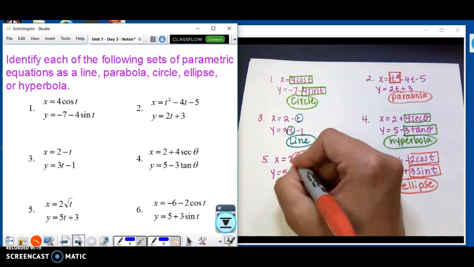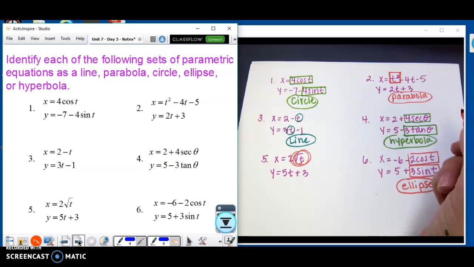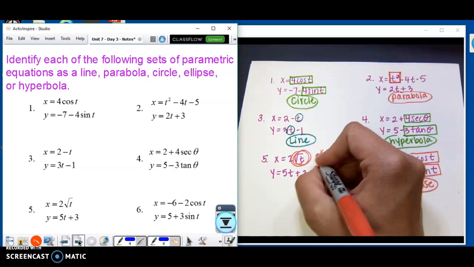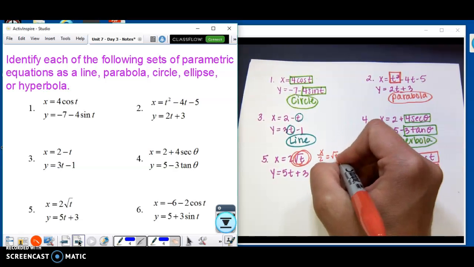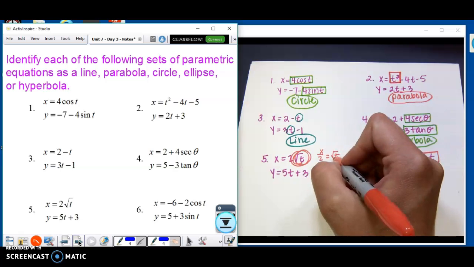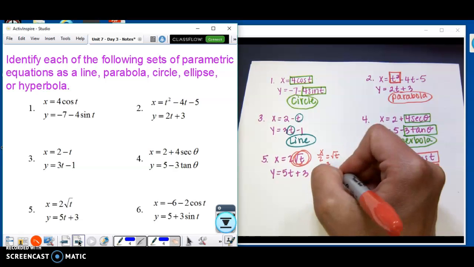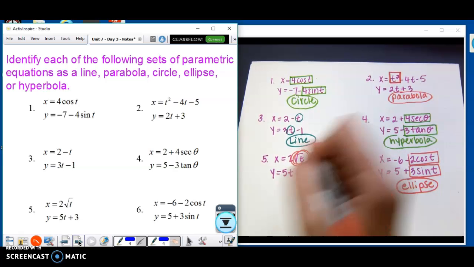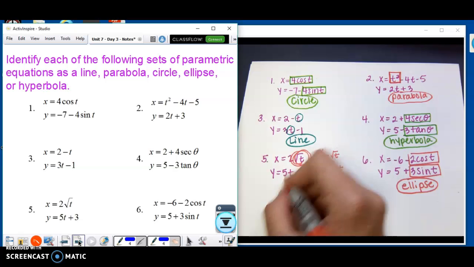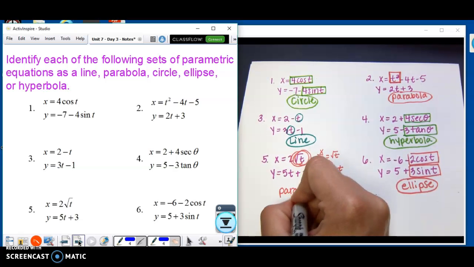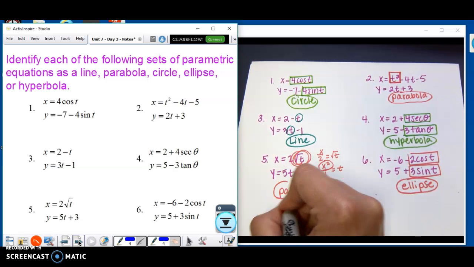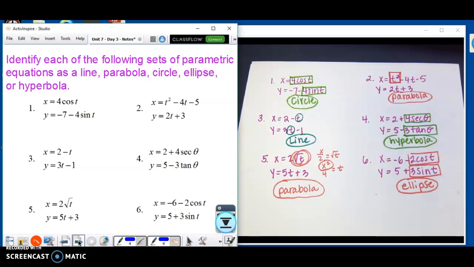So if you were to actually solve this out, if we were to divide by 2, and to get rid of the square root, you would have to square both sides. And now you have this x squared that's going to come in because of that square root. So that is why it's going to be a parabola. That square root of t, whenever you were to solve that in rectangular, would make it a parabola and not a line.